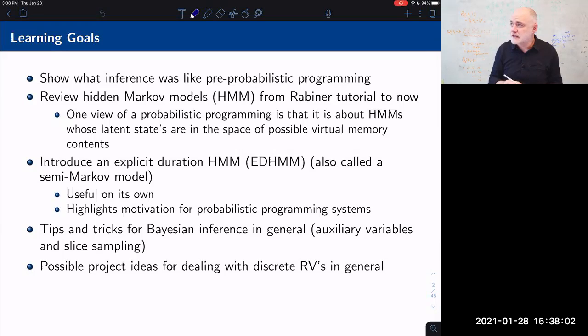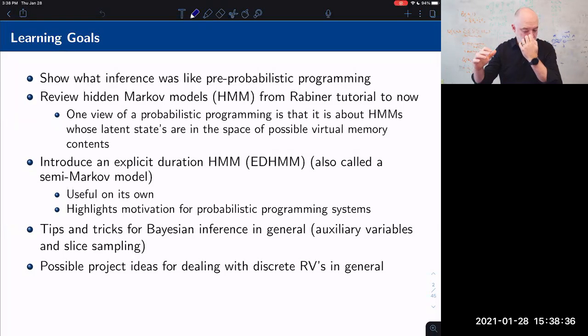But one perspective on probabilistic programming is a crazy one to think about, but it is a perfectly valid mental model of what a probabilistic program is. Take the entire virtual memory state of a computer, and when you have a stochastic transition, in other words, you draw a random sample, that transitions the virtual memory state of a process from time step 1 to time step 2 to time step 3, and so on.